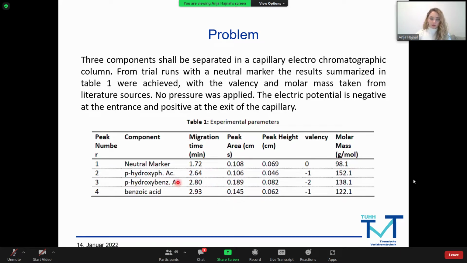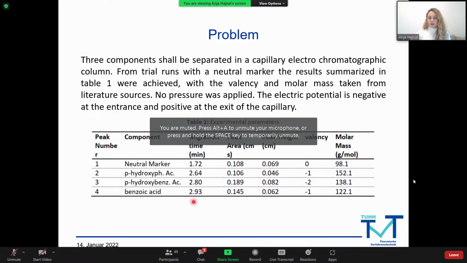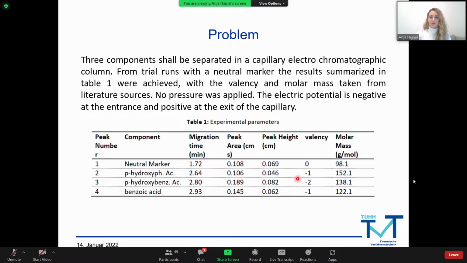Here are just, as I was saying, the values from this diagram summarized for you from the chromatogram. So you have peak area given, peak height. Of course, this is the experimentally determined migration time. This is the average valency, or the average charge value, for these components, and their molar mass.